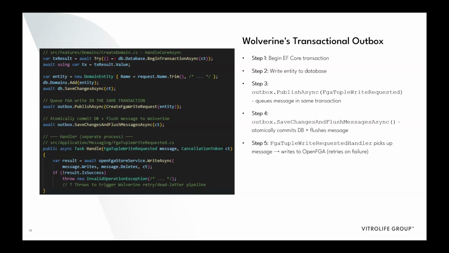And then, of course, we have this outbox, and this outbox will try to reconcile the OpenFGA relationships we've added. This works really well, but it added a new problem for us, and that was that the relationships were now eventually consistent.